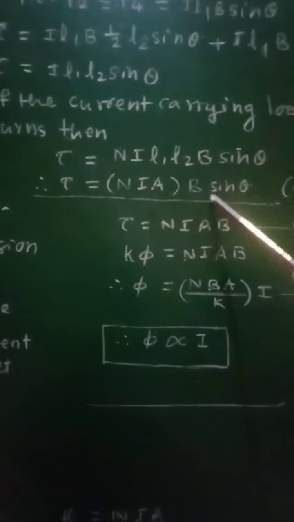Therefore the torque will be equal to mu B sin theta. This is the cross product of mu and B, and therefore torque equals mu cross B.